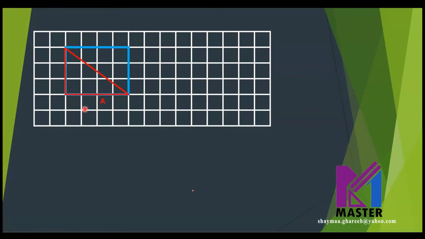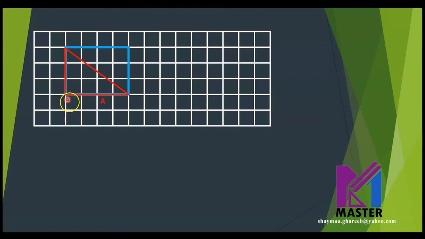This is the first case we talked about, when we cut the rectangle diagonally into two identical triangles. Is this clear? And we said then the area of the triangle will equal half the area of the rectangle.